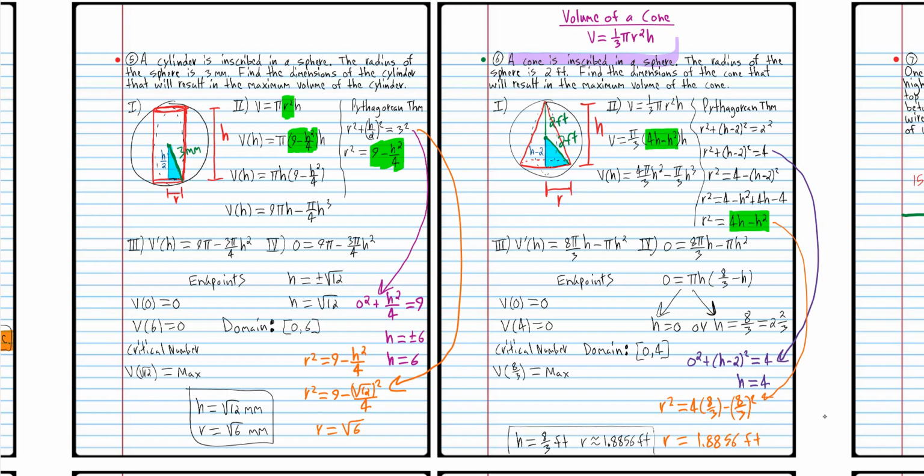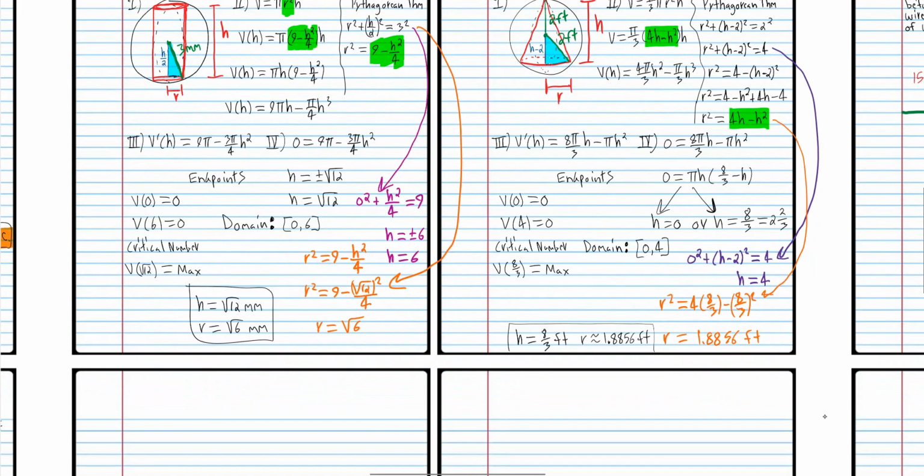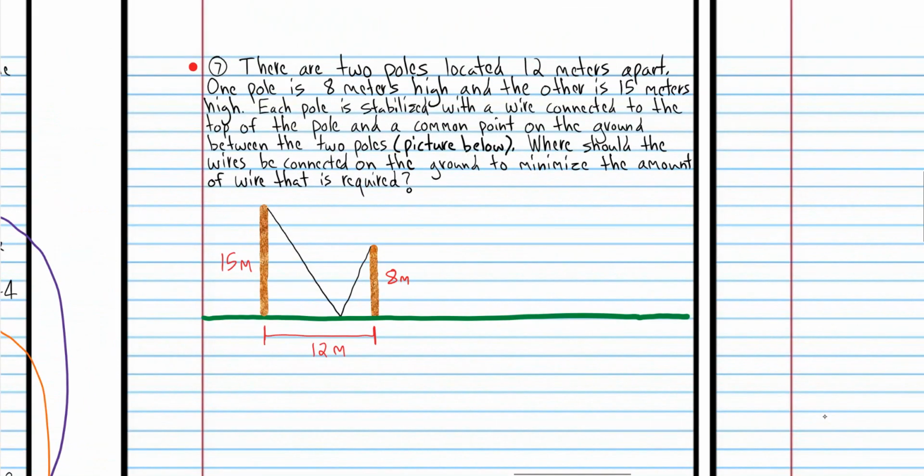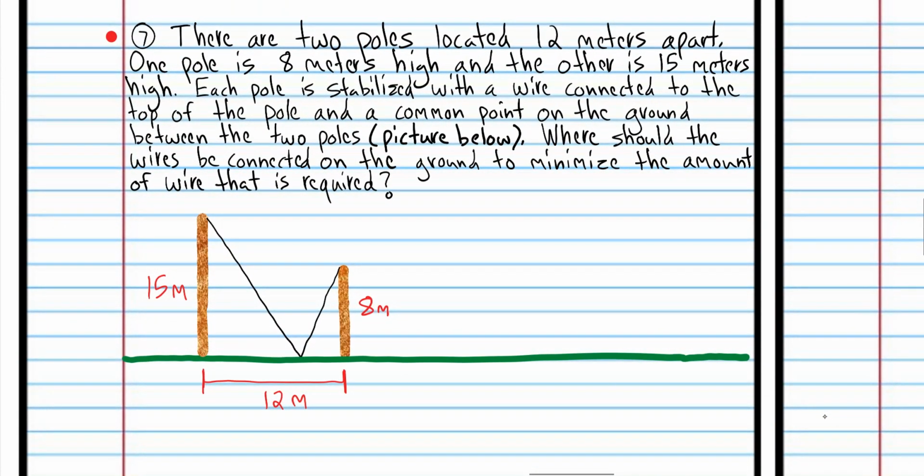Okay, so if you got that right, excellent. So on to the next problem. This is a problem where we're going to minimize, and the algebra is going to be really intense on this problem. So I just want you to be aware of that.